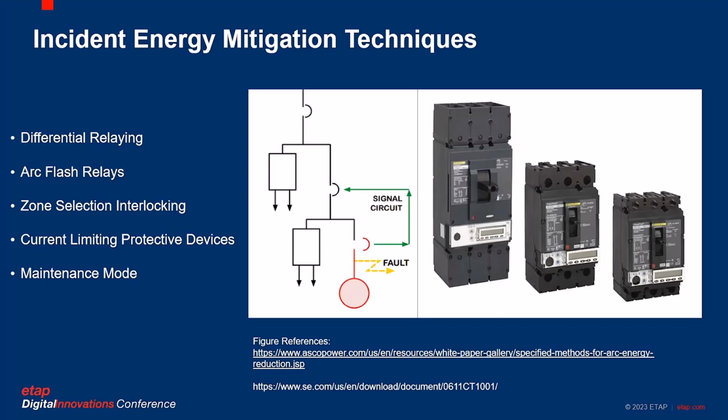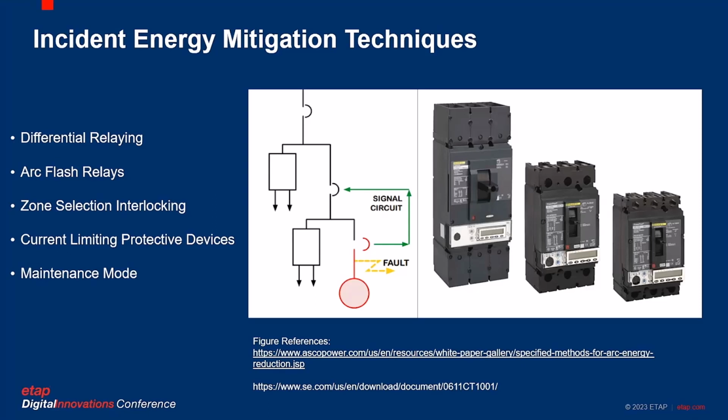And it also clears the fault significantly faster than your typical overcurrent characteristics would. Now, the reason why that's so important to keep in mind is because it's not as easy as adding current limiting protective devices throughout your facility. You have to basically make sure that the protective devices will operate within that region to be able to take advantage of those two benefits that I discussed earlier.